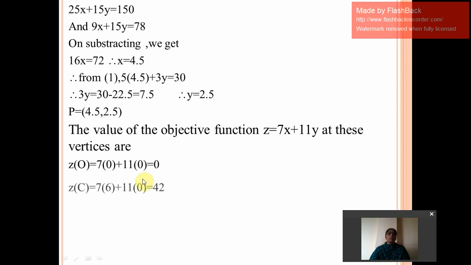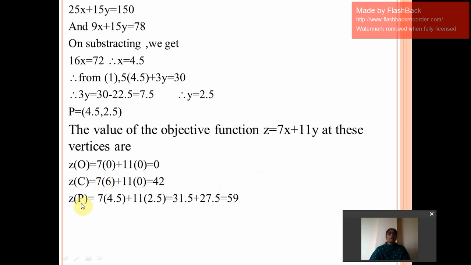Second, C, put x is equal to 6, y is equal to 0, giving 42. Next vertex is P is equal to 4.5, 2.5, substituting x 4.5, y 2.5, the answer is 59.